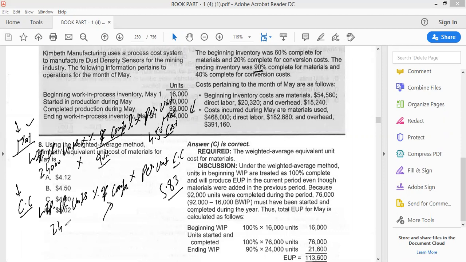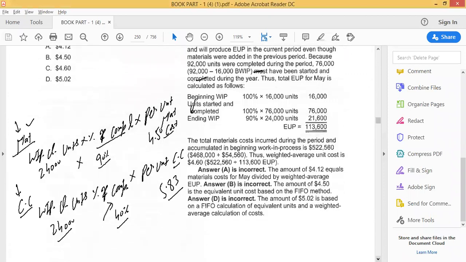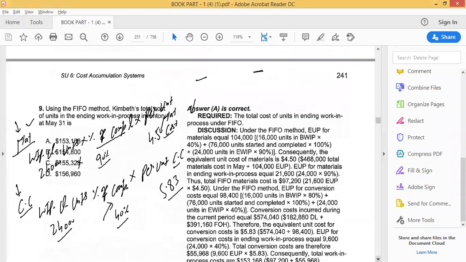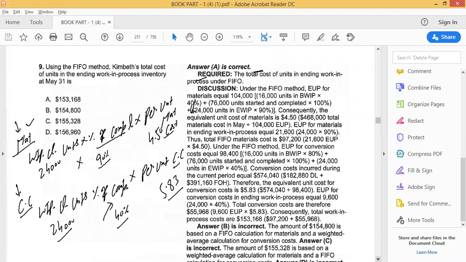Now for conversion cost, 24,000 units are 40% completed with respect to conversion cost. Once we solve these two simple equations, we will have the answer of question number 9. As per the book, the answer given is 153,168. Your answer must match because we used the correct figures.